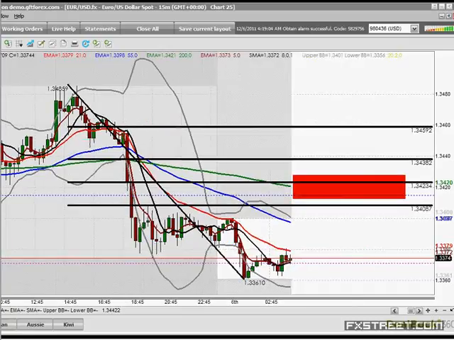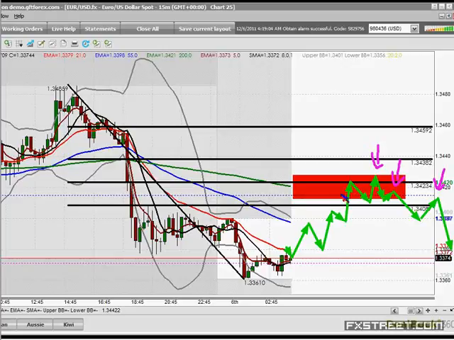to sell. So I'd be looking for the 15-minute to do maybe something along these lines. It might trend its way up here a little bit, it might double top and roll over, and I'd be looking for opportunities to sell, depending on how aggressive I wanted to be.